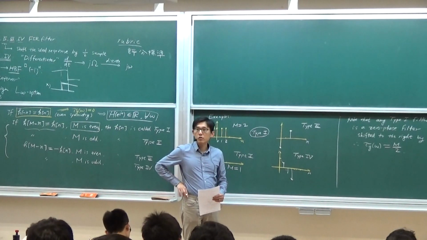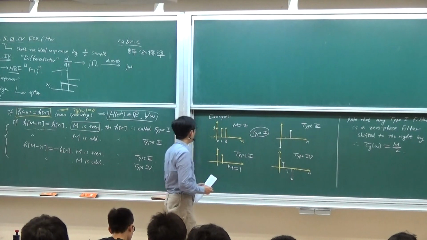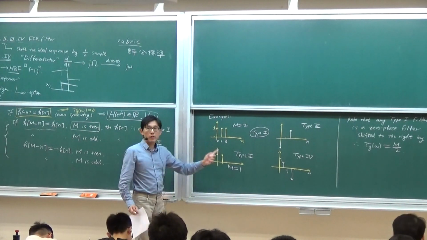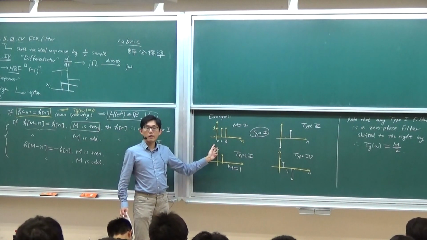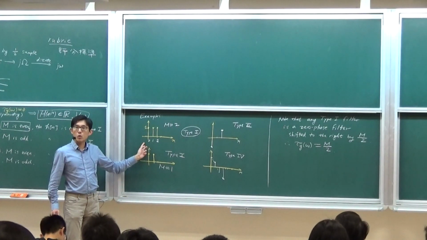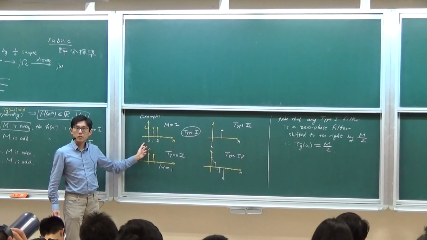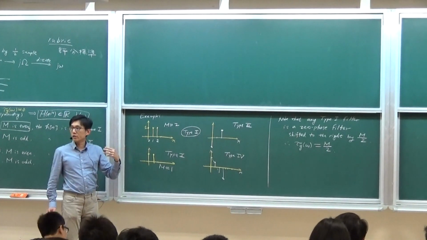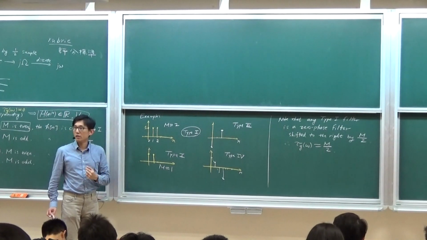And this is important. So we say that a type 1 system here, assuming that it's causal, has a very nice property: its group delay is going to be a constant for every frequency. Every frequency will experience the same group delay.